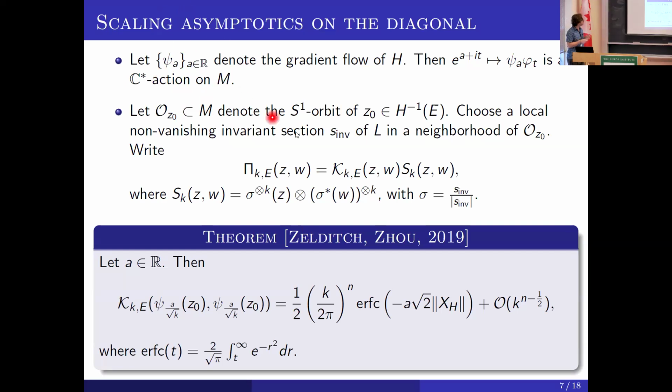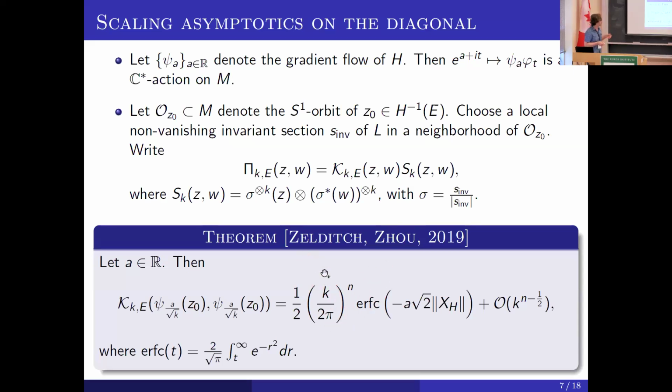So we will look at points over the level set h equals E, and then we perturb a little bit in the gradient direction and see what the behavior of this partial Bergman kernel is. Zelditch and Zhao found that over the diagonal we have a complementary error function profile.